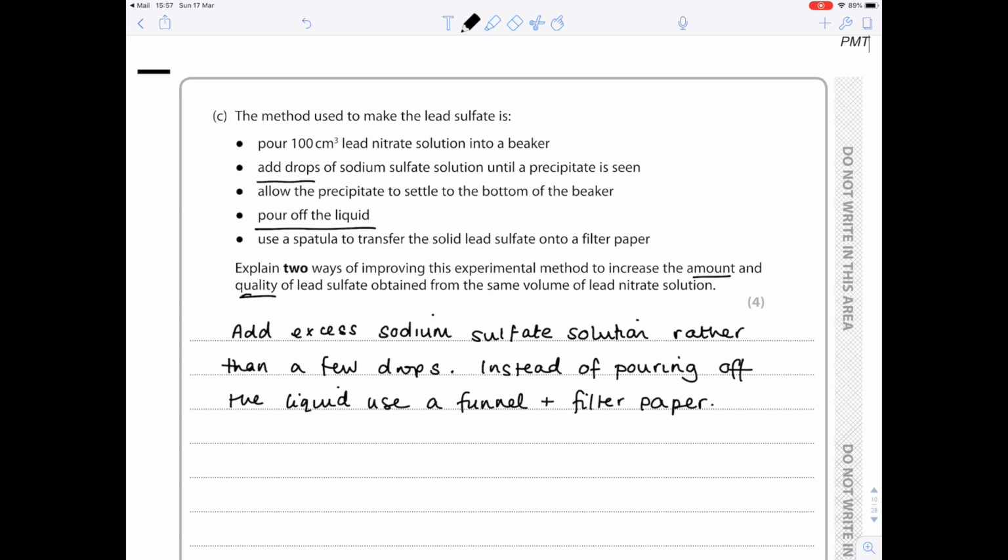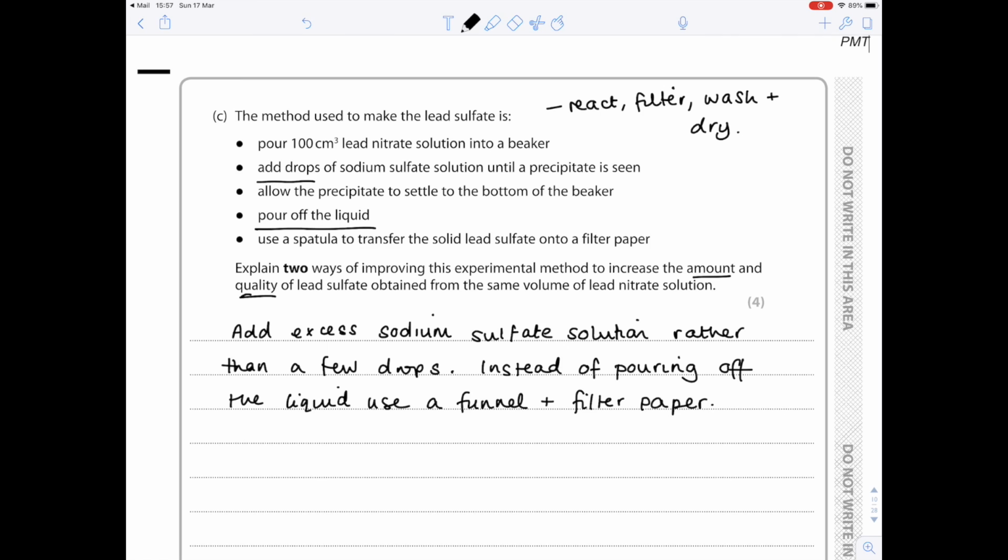Hopefully, when you were learning this reaction, when you were doing your summary, you wanted to say react, filter, wash and dry. And if you don't know what I'm talking about, look at my video on this, where I give a very succinct, concise way of learning how to make salts, and it is in my revision guide. And look, which of these steps are we missing from this method?